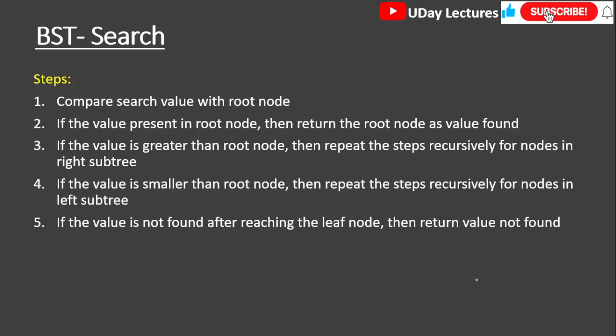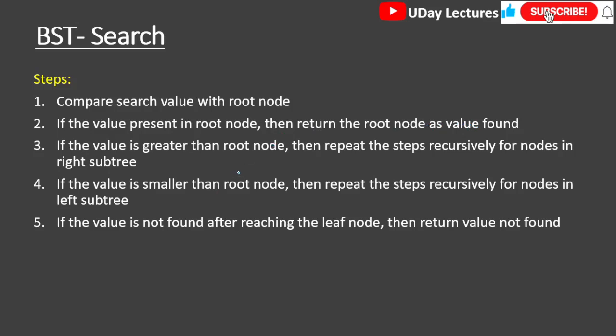So first we will start making comparisons, similar to the insertion operation, from the root node. Okay, so if the search value is found in the root node, if the value is present in the root node, then we will simply return the root node as value found. What if the value is not found in the root node? Then we should either go to the left subtree or go to the right subtree.